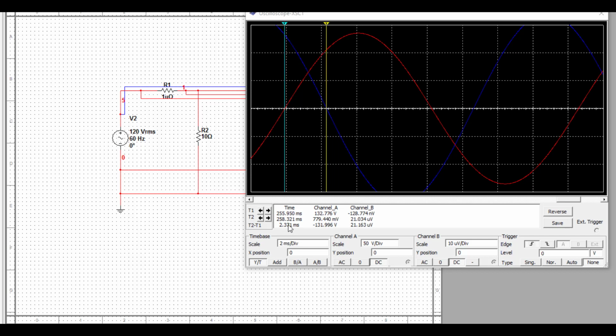And if you run that through your calculator as 2.37 divided by 16.67 to give you a fraction to multiply by 360 degrees, you get 51.1 degrees. So we've demonstrated the circuit phase angle through the use of a sampling resistor here.